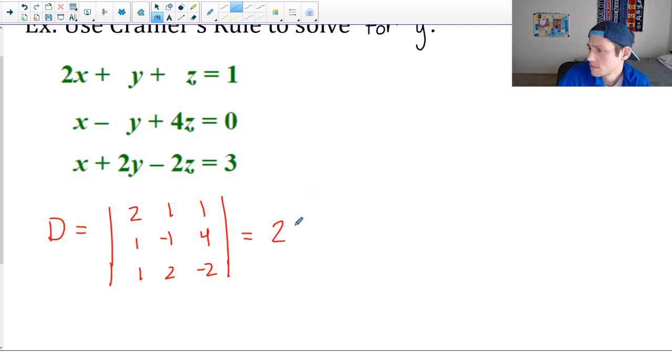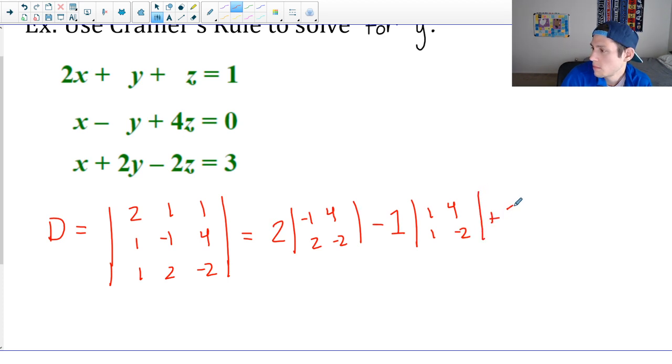All right, so we use our determinant formula. This minus sign is here just because it's part of the formula.